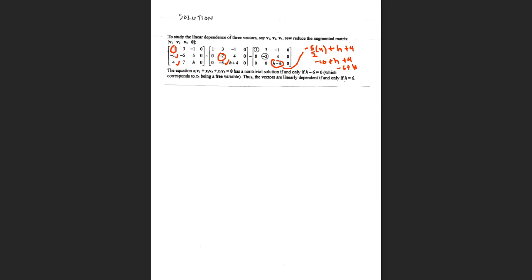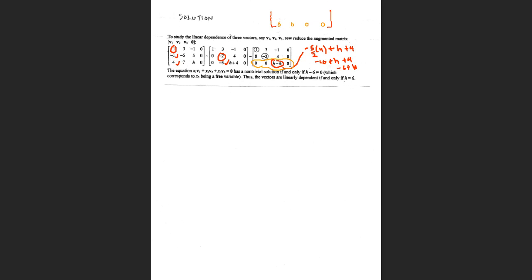Well, if the last row here read 0, 0, 0, 0, what would that imply?